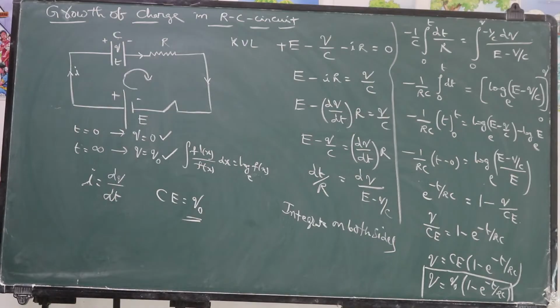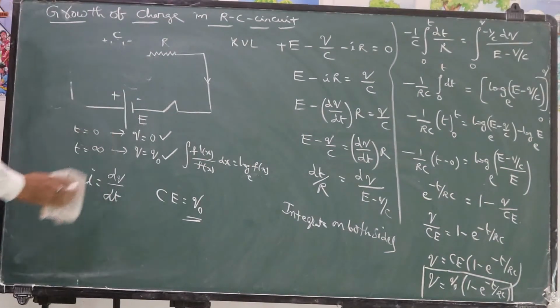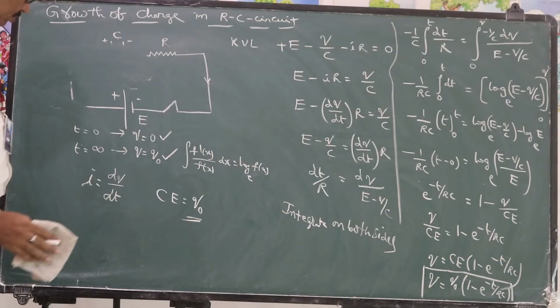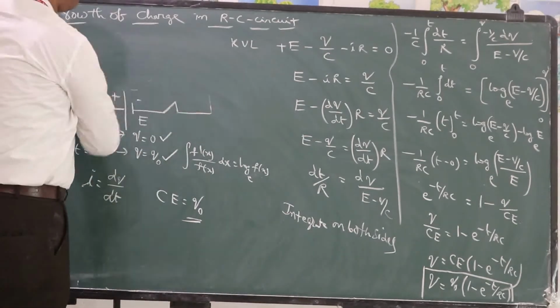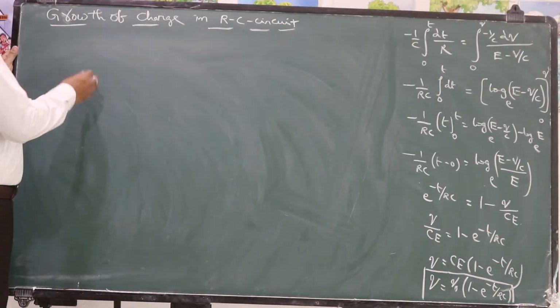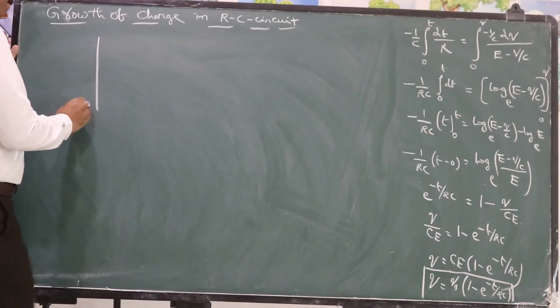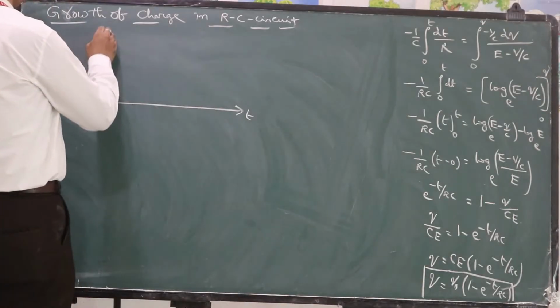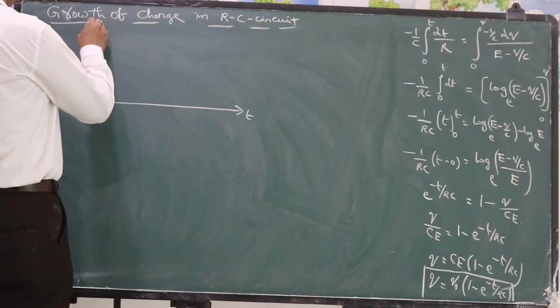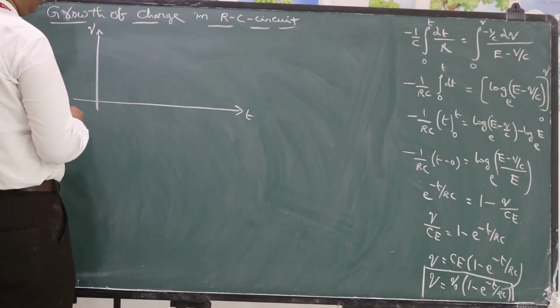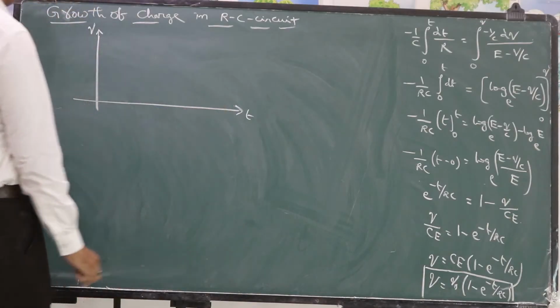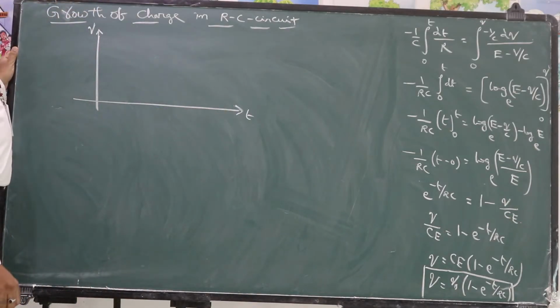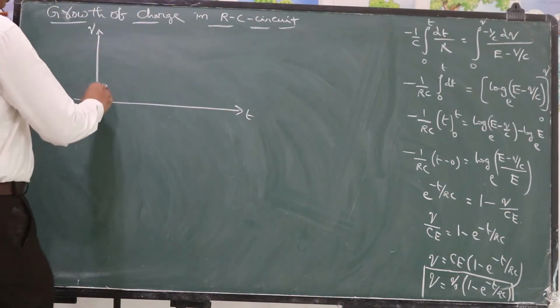Now, let us take the graphical representation. If we draw a graph between time and charge, Q is the charge, t is the time. Initially at time t is equal to 0, no charge is available.